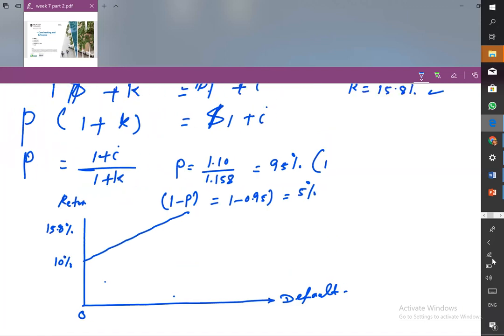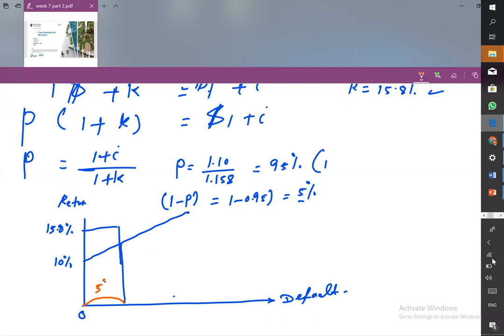If I know this 15.8%, and this one is 10%, that gives me a 5% probability of defaulting. Looking at this area, it is 5%.